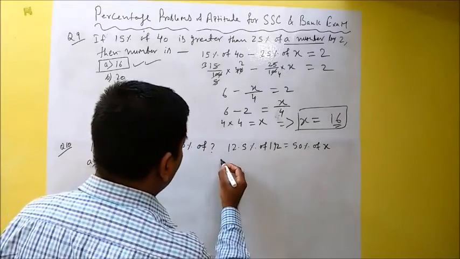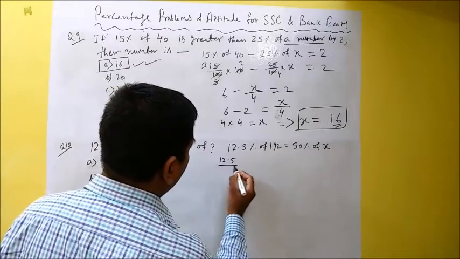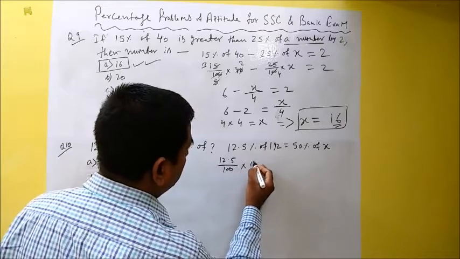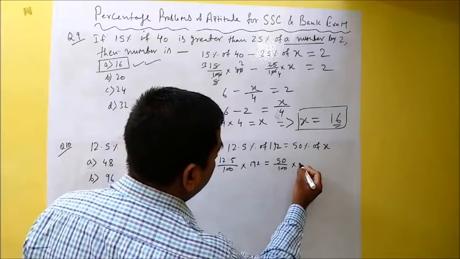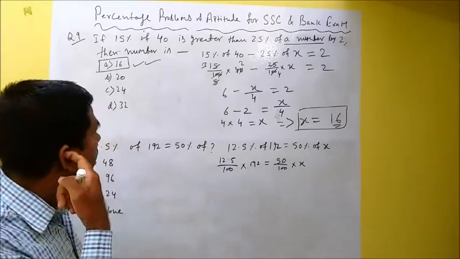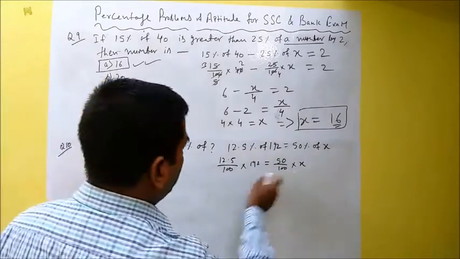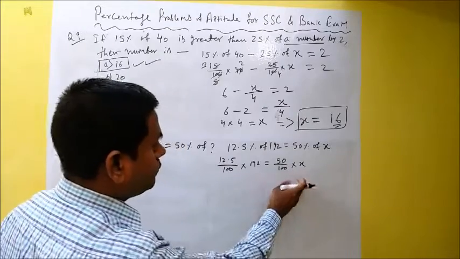So it says here 12.5 upon 100 into 192 is equal to 50 upon 100 into x. Okay, we can bring it to this side because x we have to find.